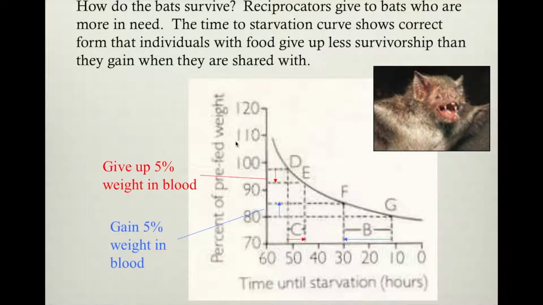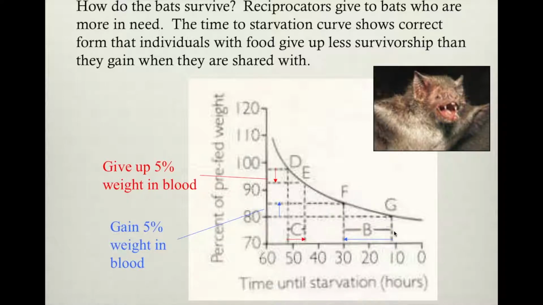If, by contrast, they've had failed feeding attempts and they're only at about 80% of their pre-fed weight, that puts them out here on this curve at G. They would be only about 11 hours until starvation. They gain 5% of their body weight, going from 80% of pre-fed weight to 85% of pre-fed weight. They gain 19 hours of survival.